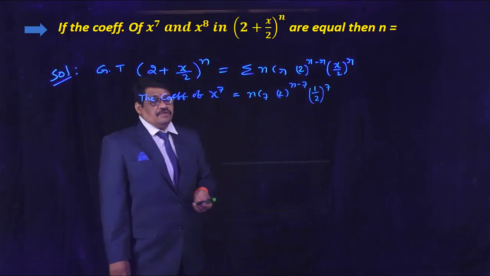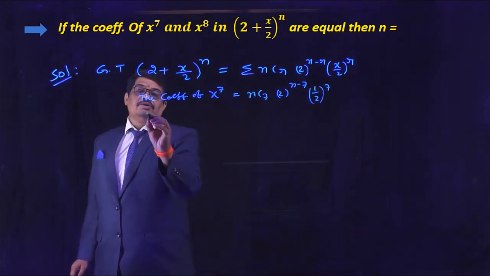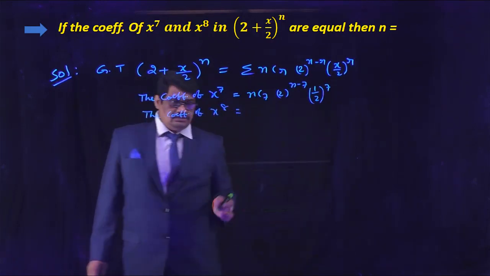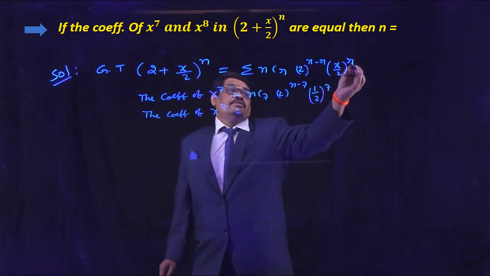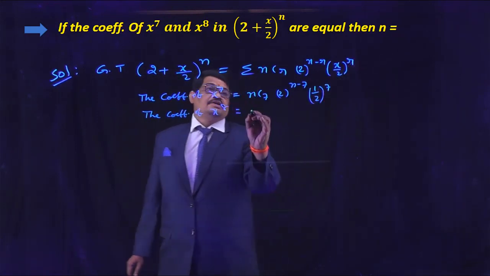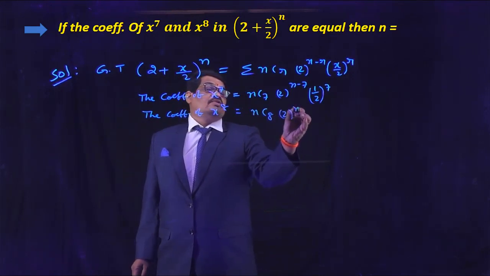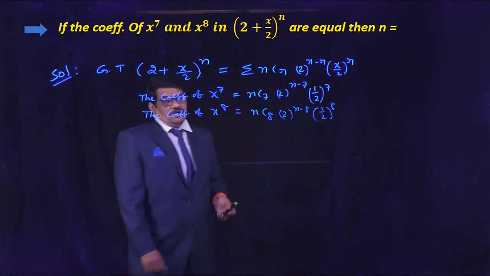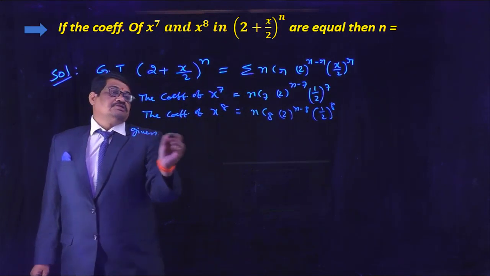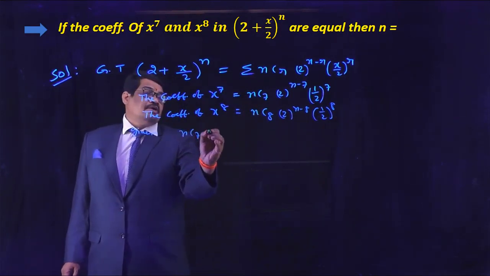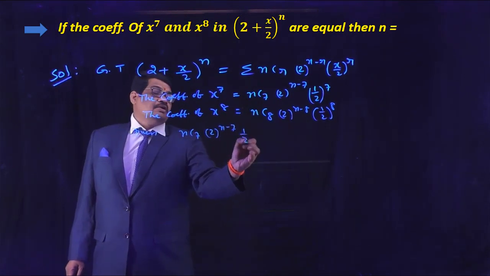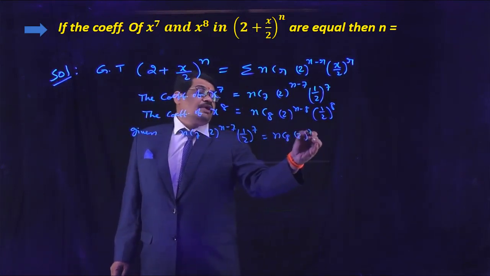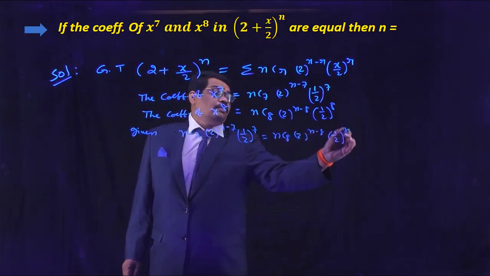That is the coefficient of x^7. For the coefficient of x^8, we take r is equal to 8, that is nC8 2^(n−8) into (1/2)^8. Given that these two coefficients are equal, nC7 2^(n−7) (1/2)^7 is equal to nC8 2^(n−8) (1/2)^8.